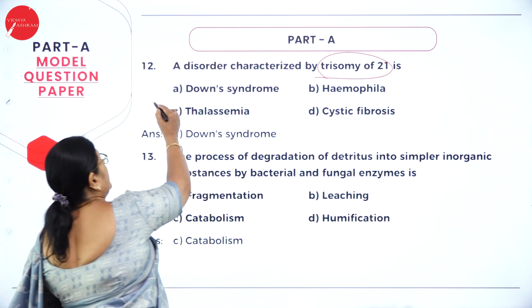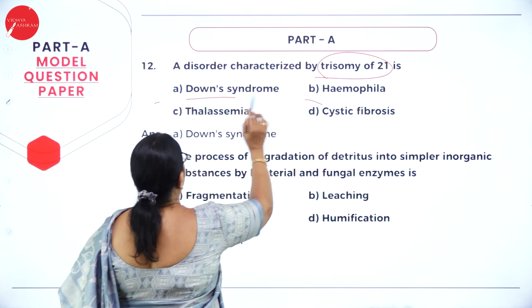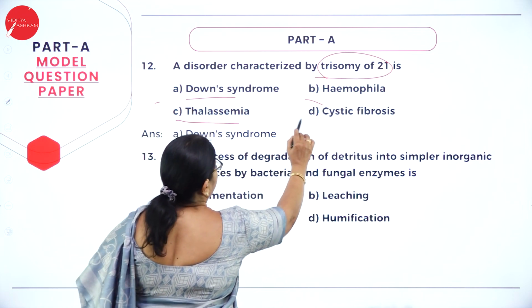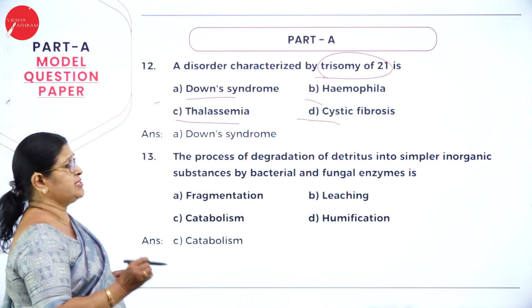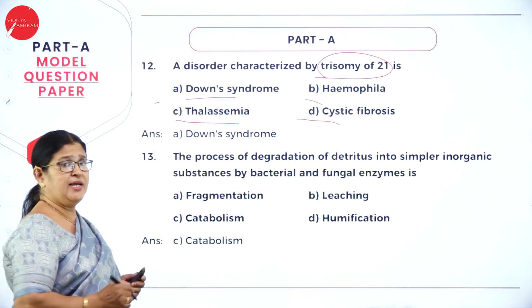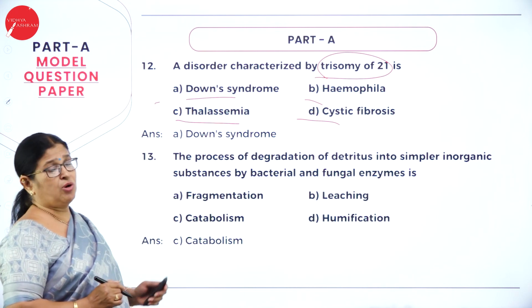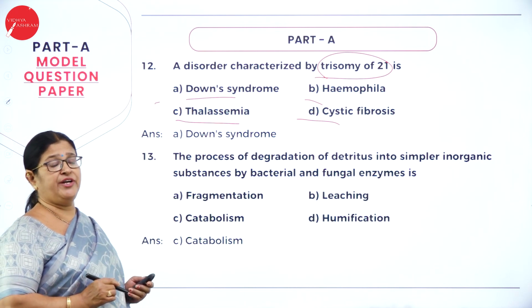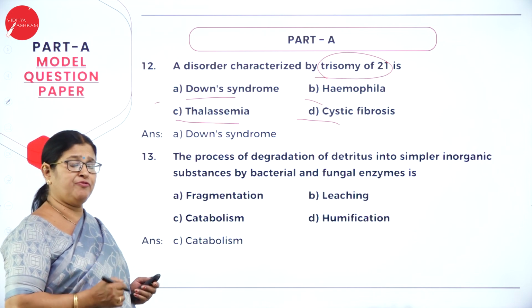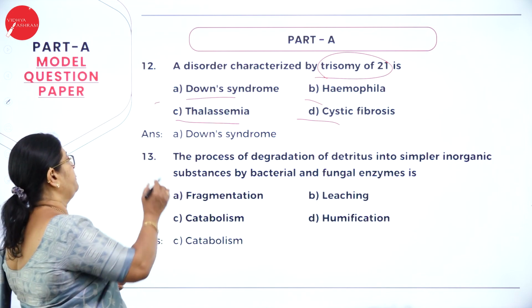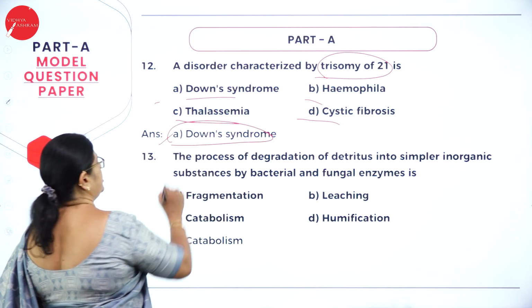Is it A, Down syndrome, or B, hemophilia, or C, thalassemia, or D, cystic fibrosis? It is Down syndrome. The remaining are genetic disorders. So Down syndrome is also called 21st trisomy, which is common for both male and female. So the answer is Down syndrome.